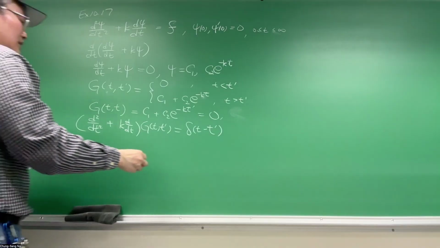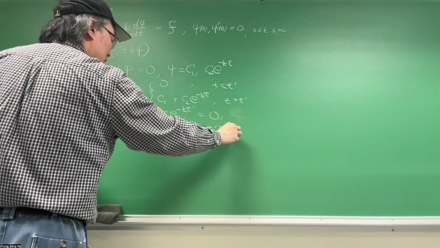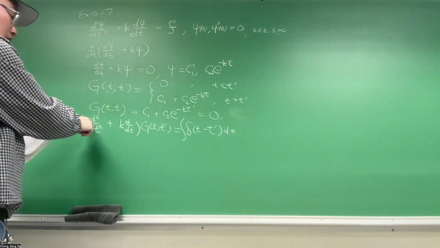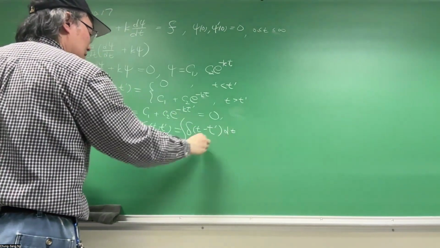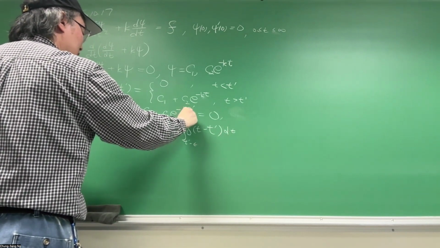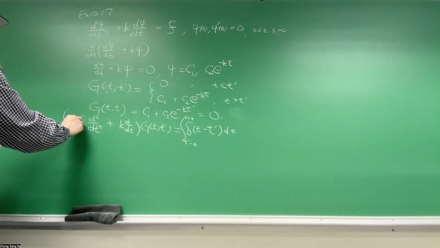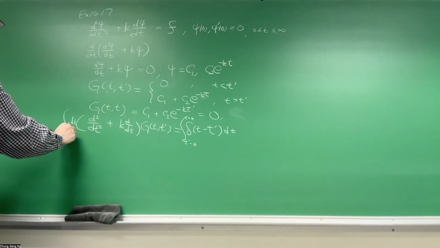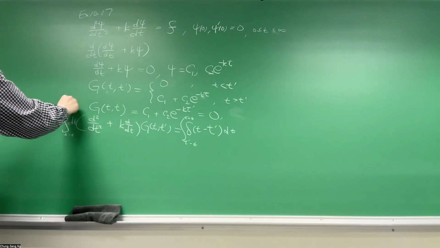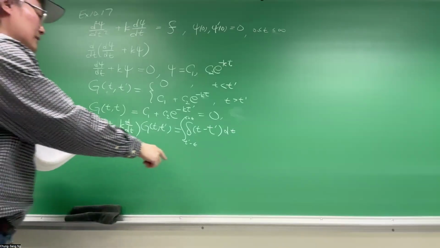We do the same trick: integrate dt, because this is an operator in t, from t prime minus a little bit to t prime plus a little bit on both sides.